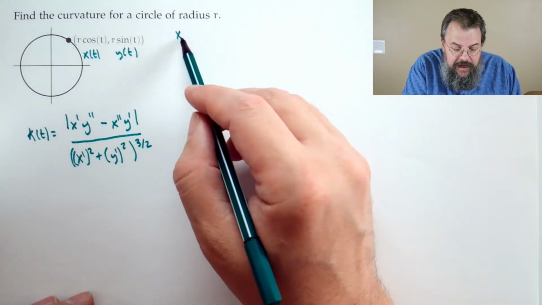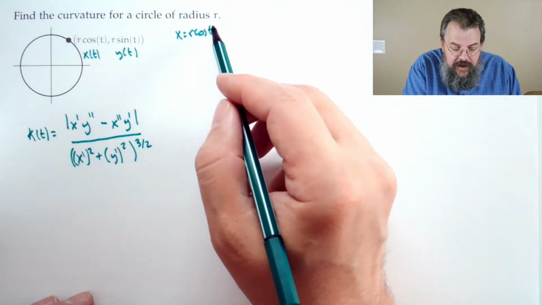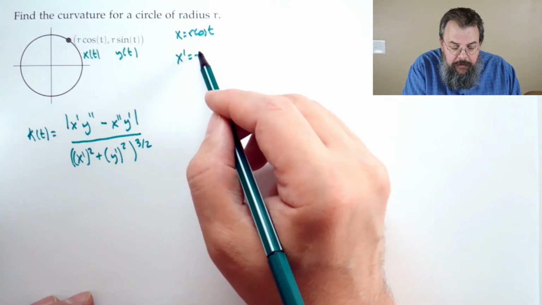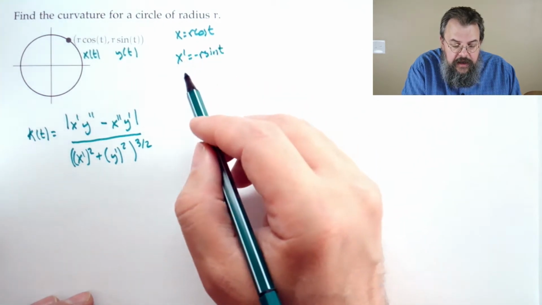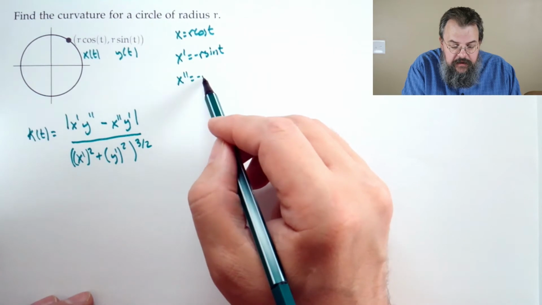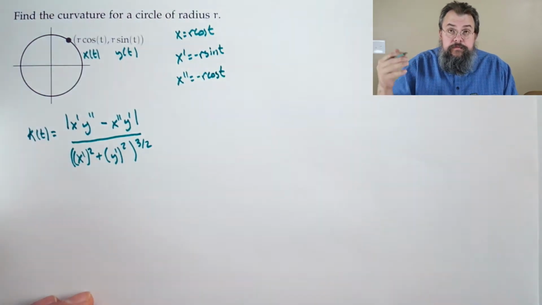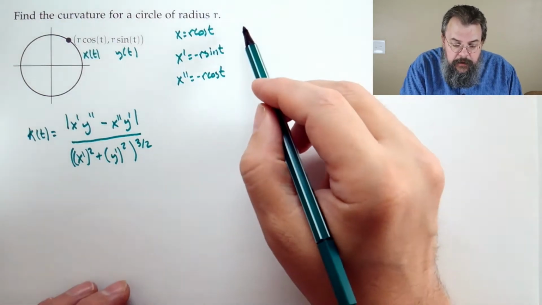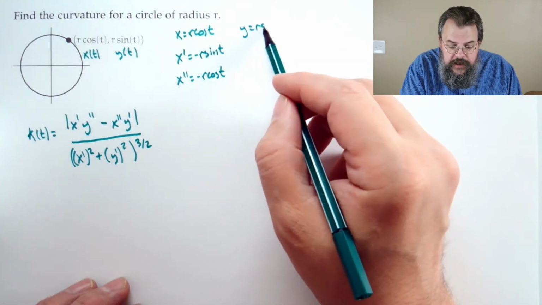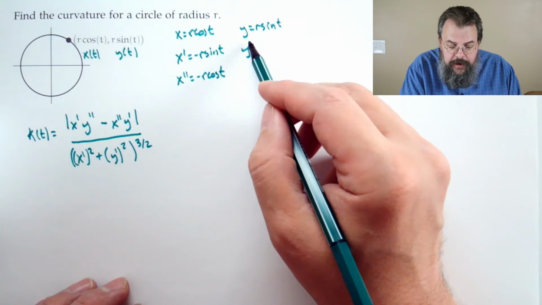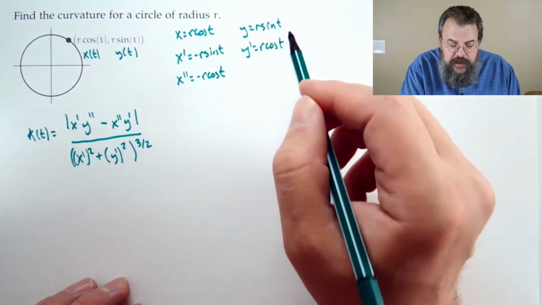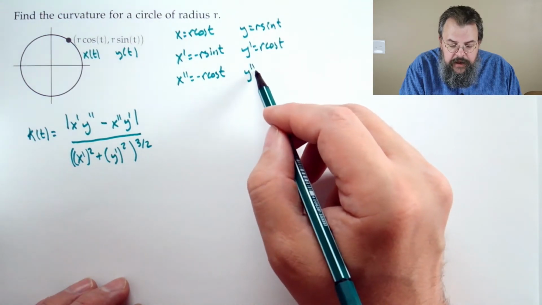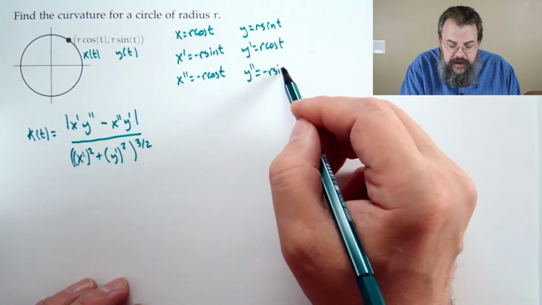So let's think about our terms. We have x is r cosine t, x prime is minus r sine t, and x double prime is minus r cosine t. On the other hand, y is r sine t, y prime is r cosine t, and y double prime is negative r sine t.